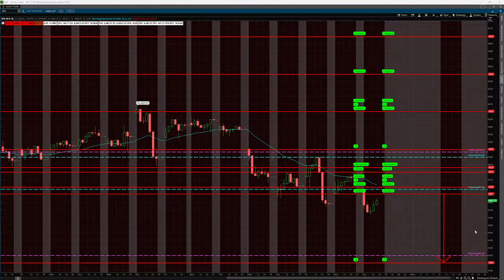Very large gap in gamma levels. And what that might mean is that I think that opens up the potential for a fast move down to 4,500 before the next level of support. And note that that's slightly below the lower weekly expected move.